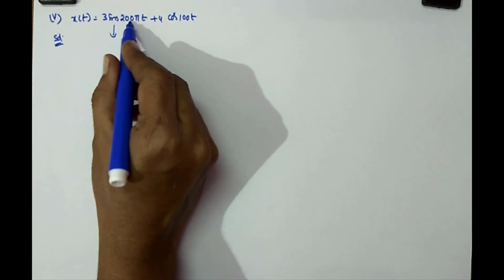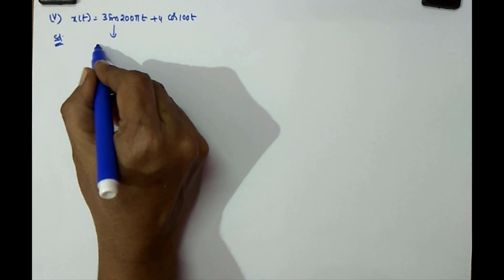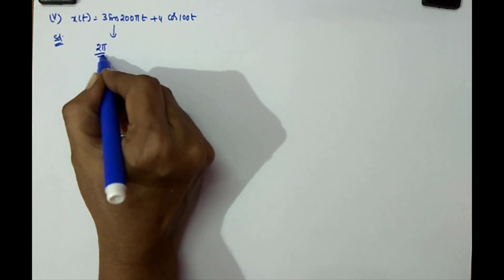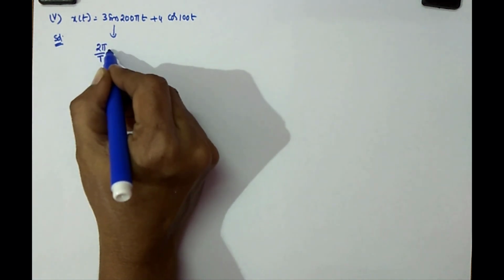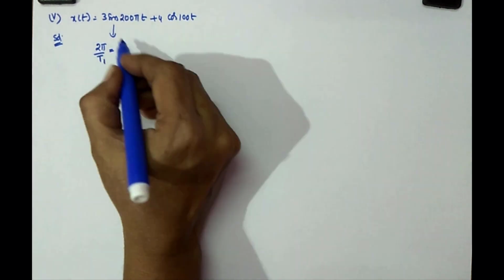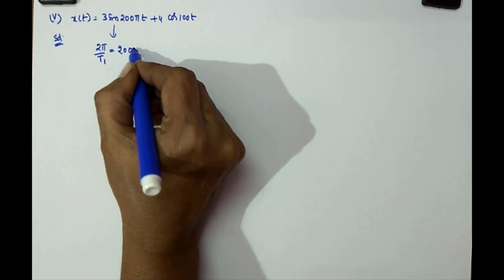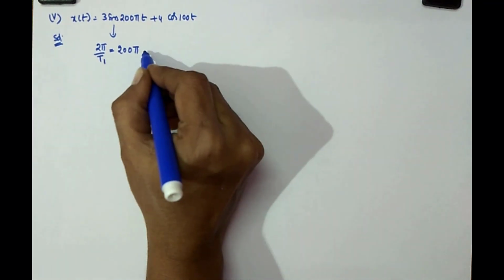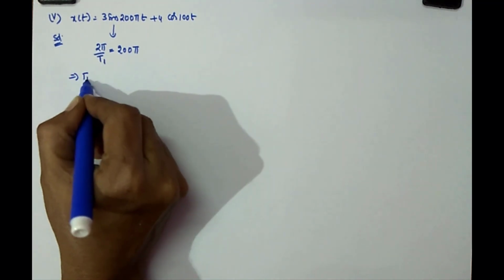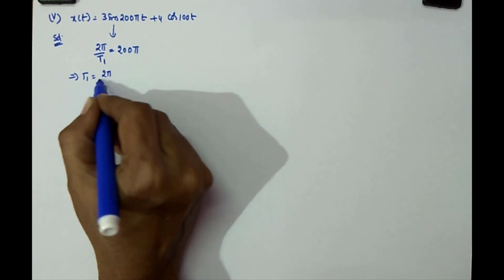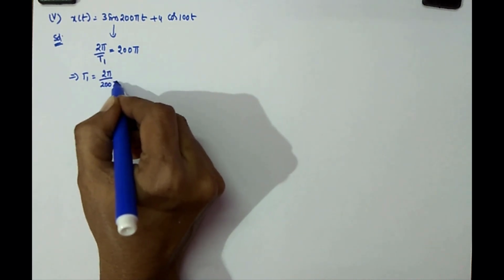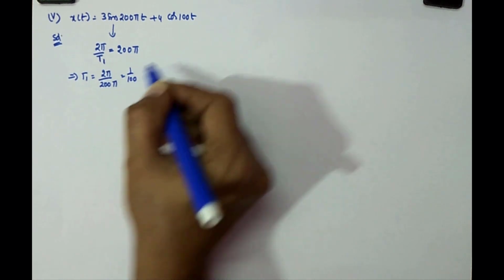Compare it with sine omega t. So you'll get 2 pi by T1 as 200 pi, which implies T1 is 2 pi by 200 pi. How much is it? 1 by 100.